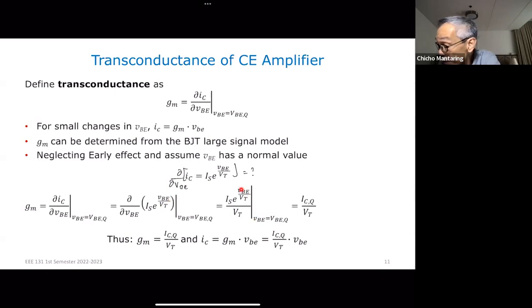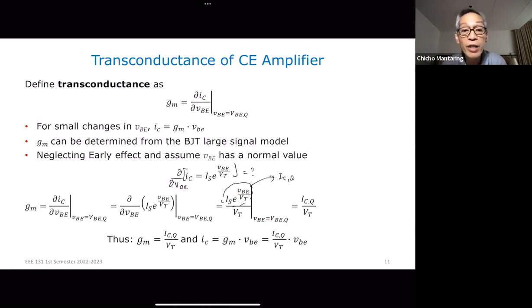Now, if this VBE is VBEQ, then notice that this numerator will just be equal to your quiescent current, ICQ. Right?